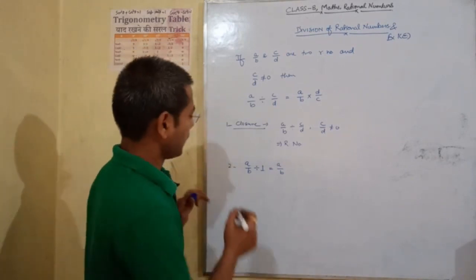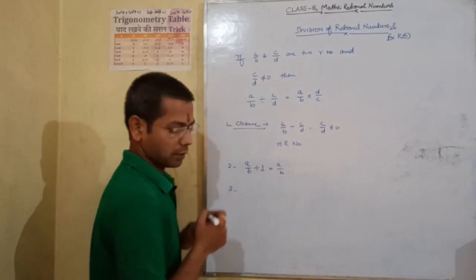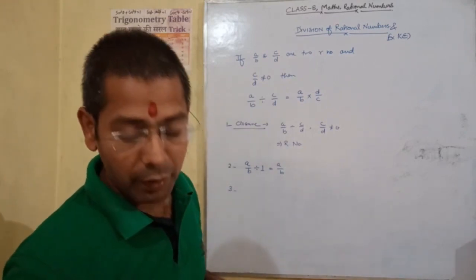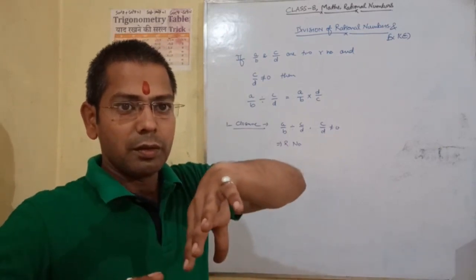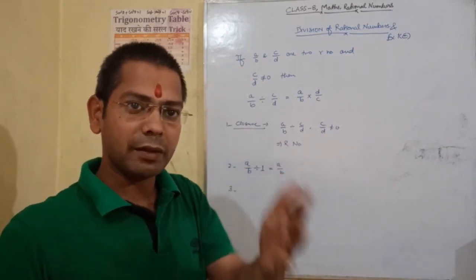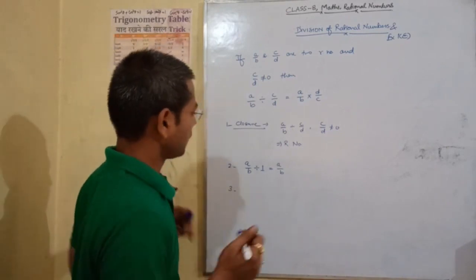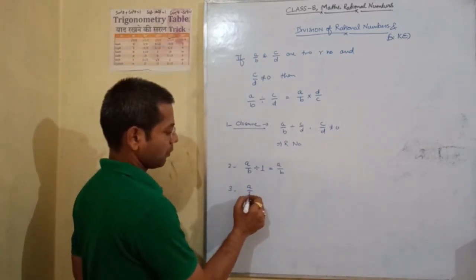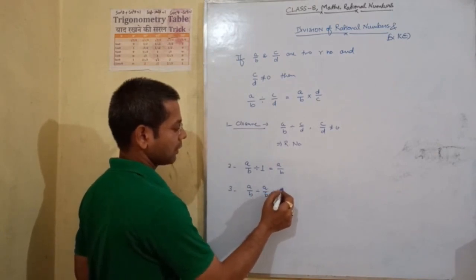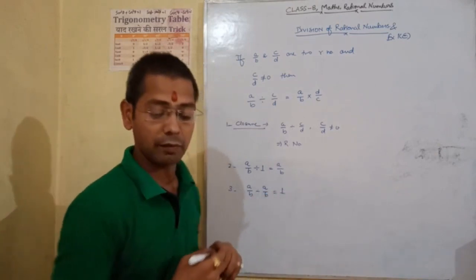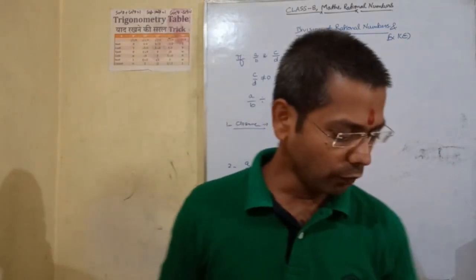Now the third property tells us that for every rational number a upon b, a upon b divided by itself will give the result 1.